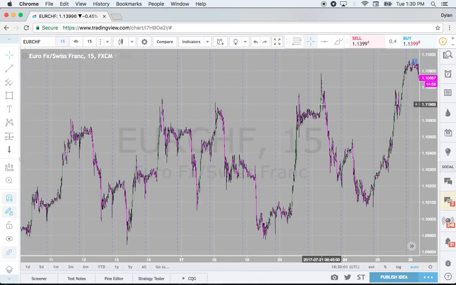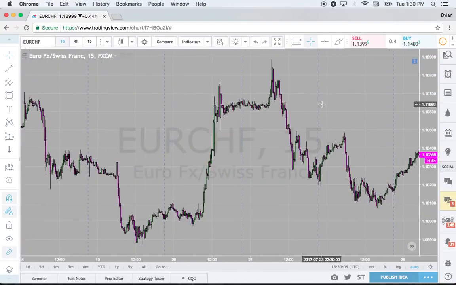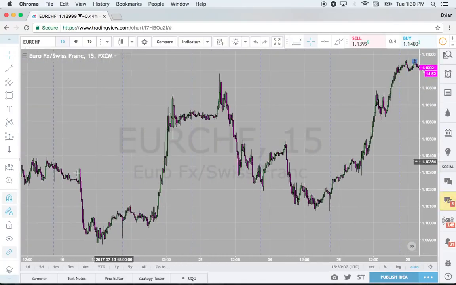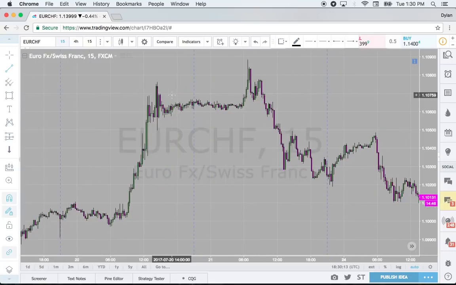I know this pair had our signature trade set up just a few days ago because I traded it. It was very nice. I saw the Euro CHF rally for a day, and then it came up and spiked up to create this high right here.